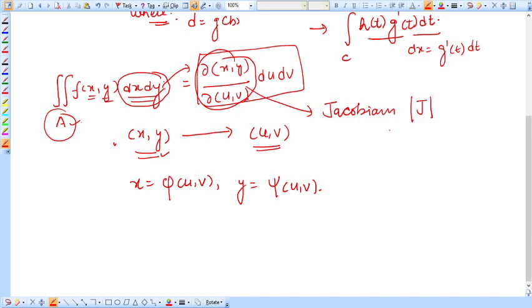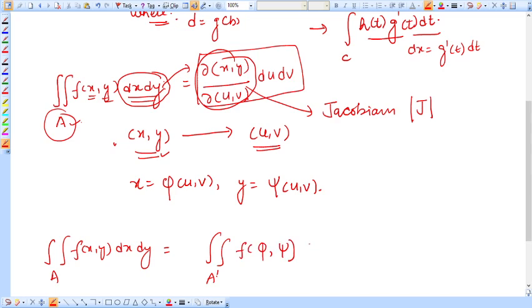Therefore, if we substitute x by phi and y by psi, then the double integral over the region A of f(x, y) dx dy becomes an integral over some other region of f(phi, psi) times the Jacobian, with du dv here.